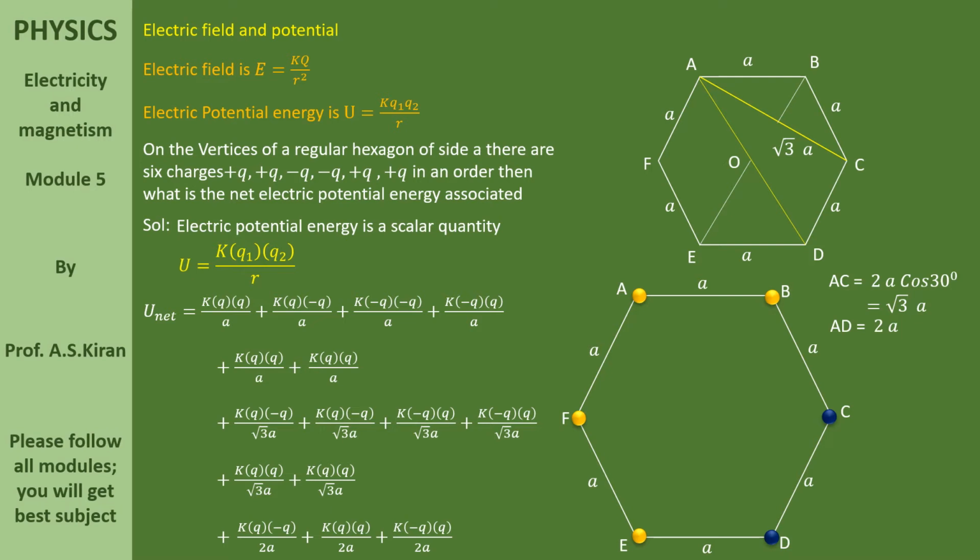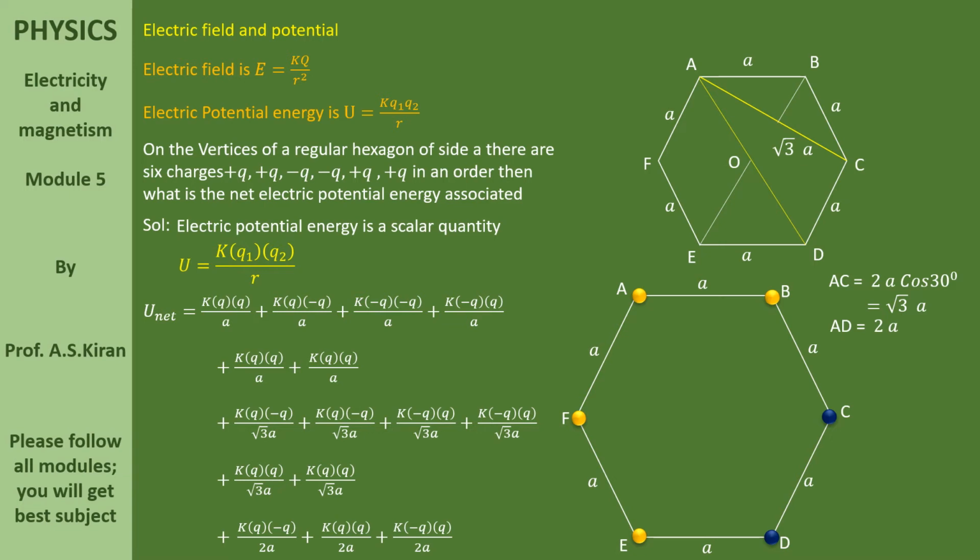Now, similarly, with respect to the BE pair, KQ by 2A. Now, with respect to the CF pair, K minus Q into Q by 2A.